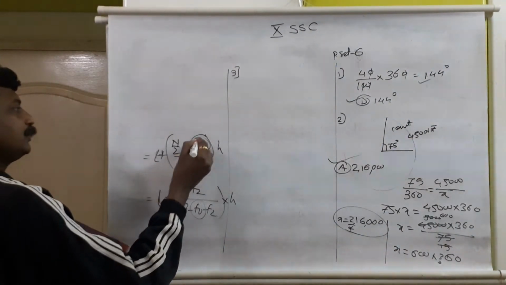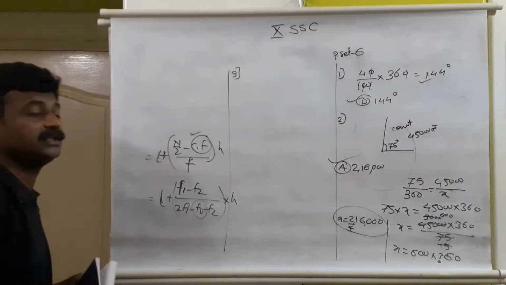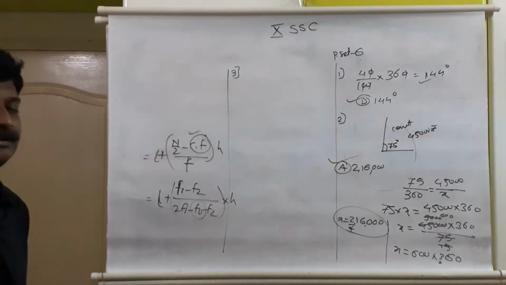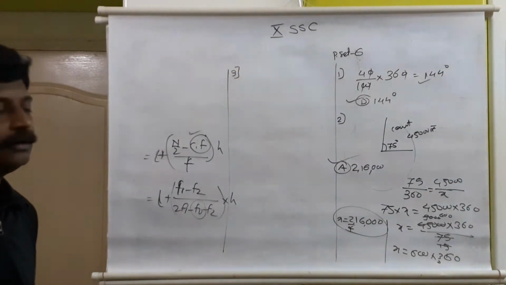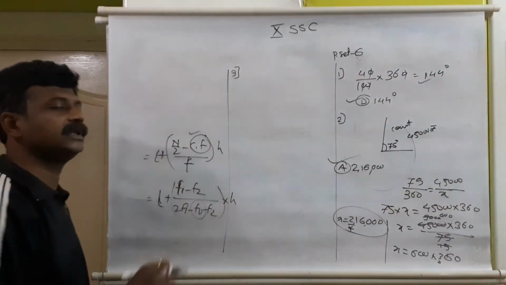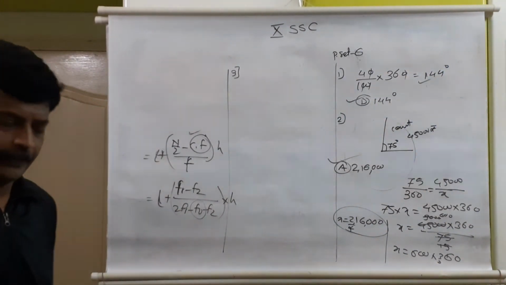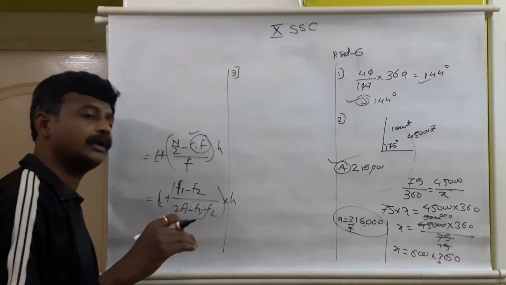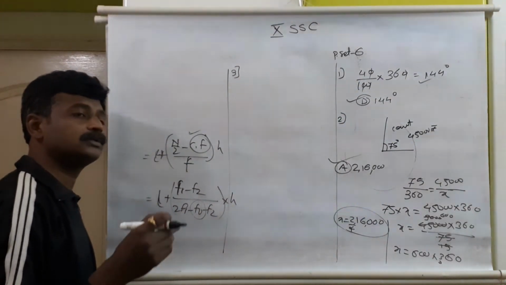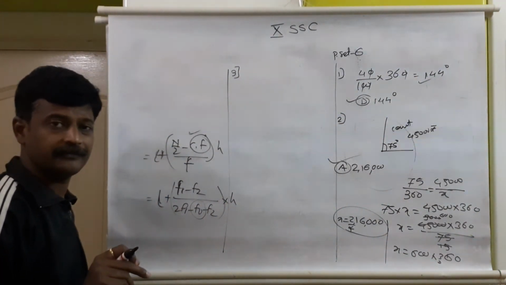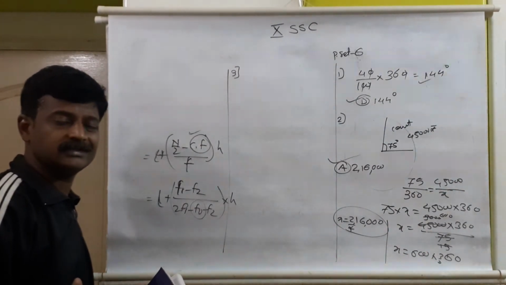So cumulative frequency is useful only in calculation of median, not for the mean, not for the mode. For the mean we use the direct method, x bar is summation of fi xi upon summation of fi. In the assumed mean method, x bar is equal to a plus d bar, where d bar is summation of fi di upon summation of fi. Cumulative frequency is not considered there.